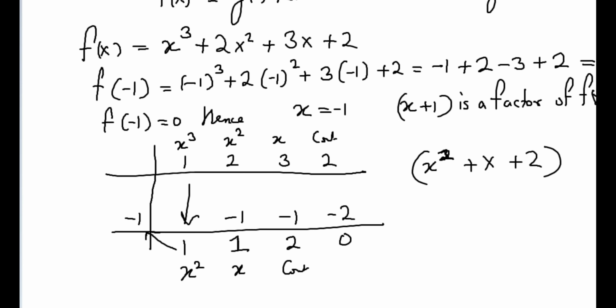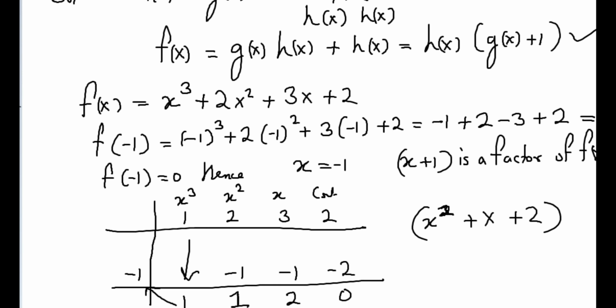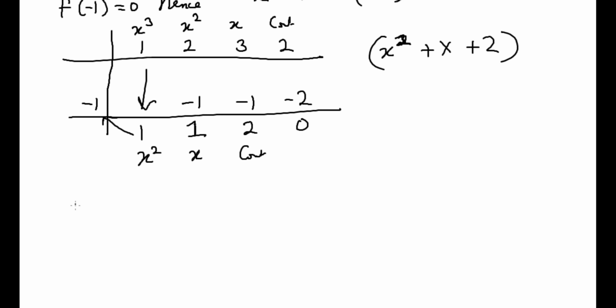Now if we write this in our original fashion, we need to modify f(x) so that we can find out h(x) and g(x). How can we do that? We have just written f(x) as x plus 1 times x square plus x plus 2.